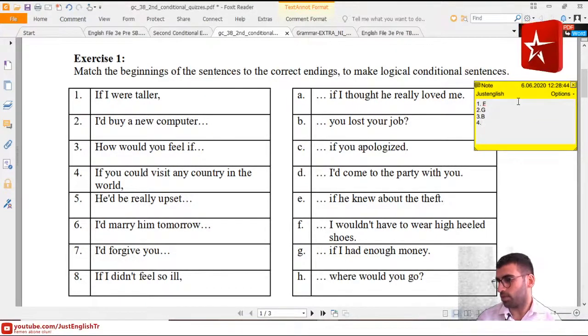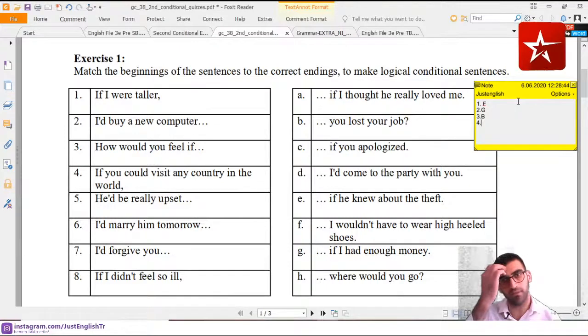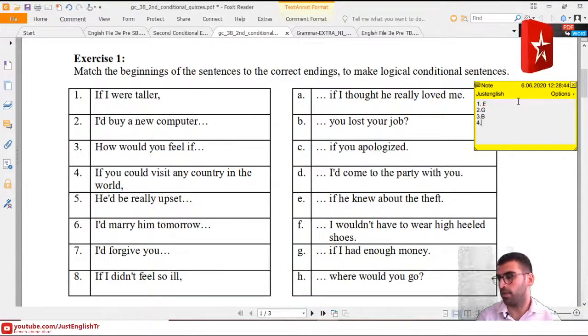Yes, Tuko, Gusafa. They say number 6 is A. The correct answer is A for number 6. Yes, I would marry him tomorrow if I thought he really loved me. Great, guys. Thank you. And let's continue with number 7.